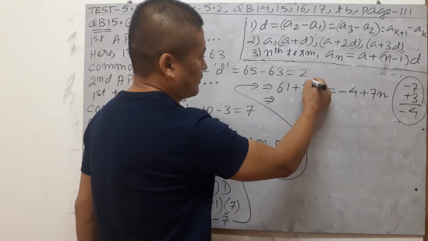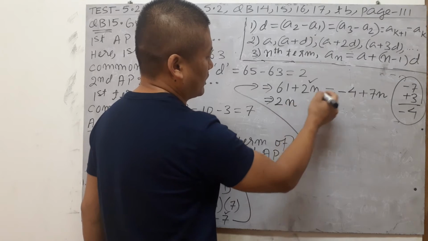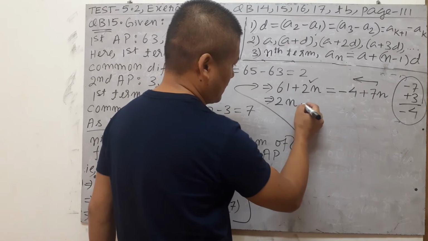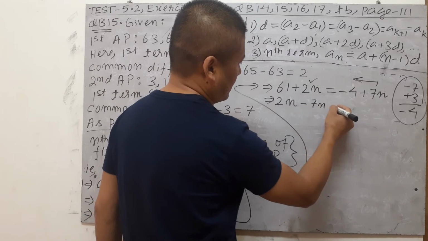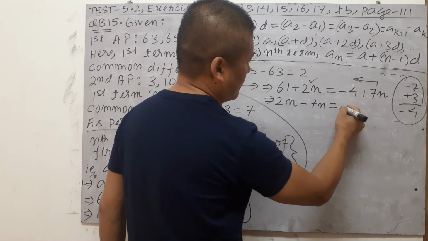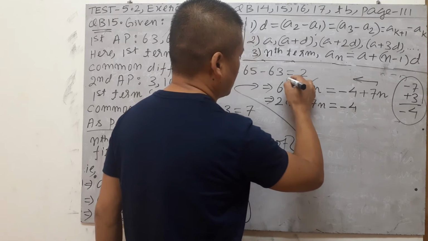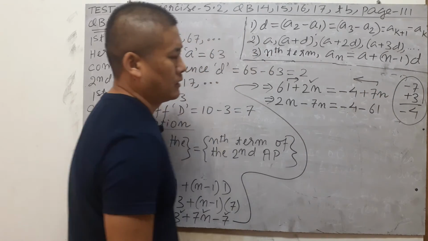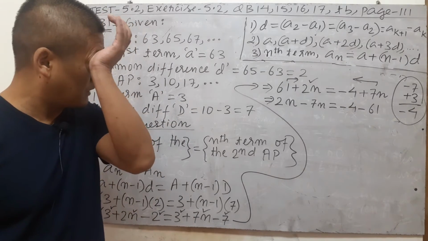Then let us bring the terms having n on the same side, so 2n just keep it on the left side, plus 7n becomes minus 7n, and shift this plus 61 to the right side, it becomes minus 61. I hope you're getting it.